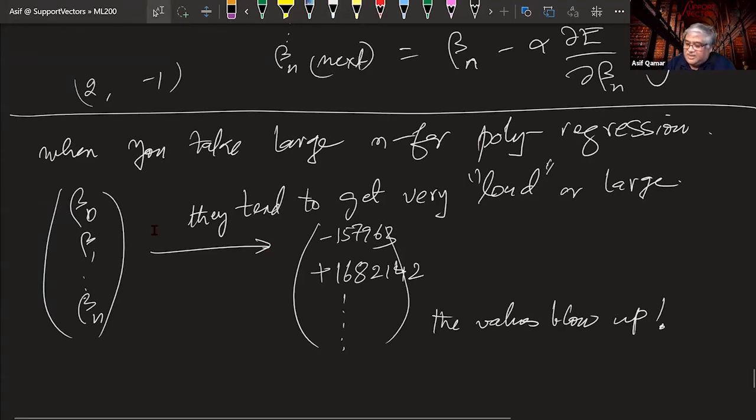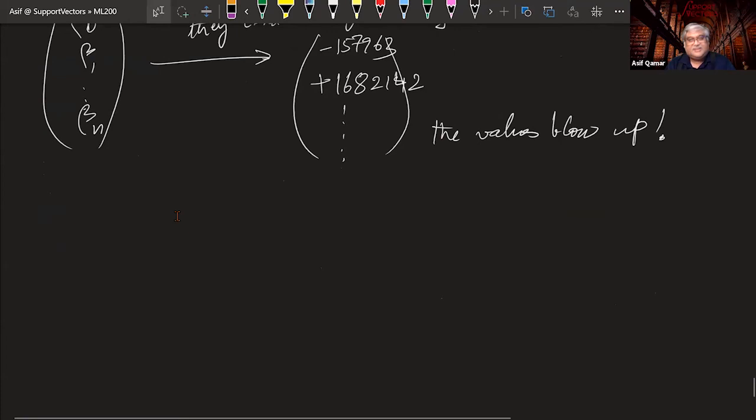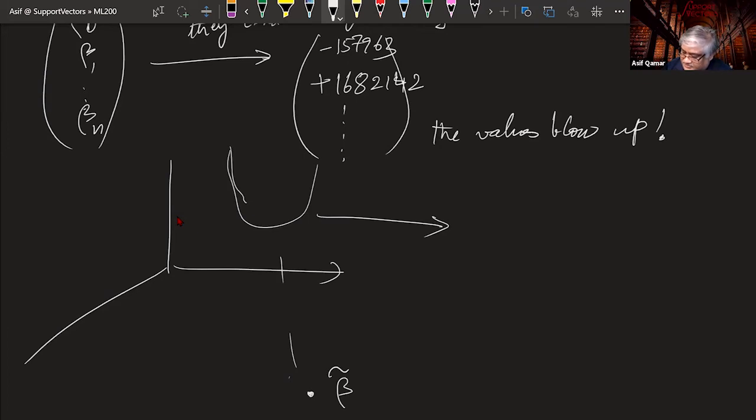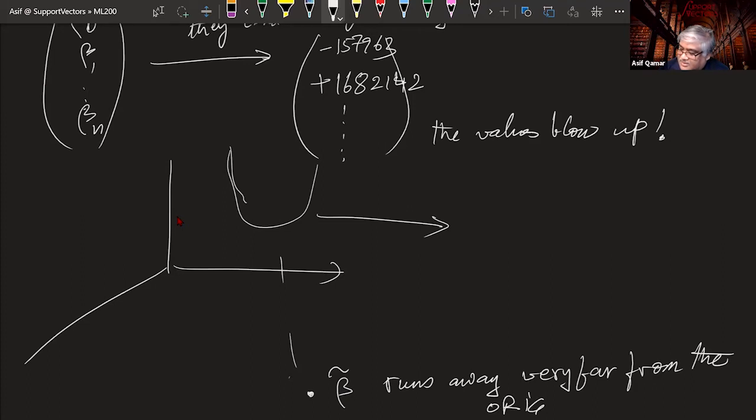Geometrically, and I won't give a proof of this, just take it as a fact that this happens. So what does it mean in real terms? It means that if you look at the error surface, it just runs away. The minima here is very far from the origin, it runs away from the origin.